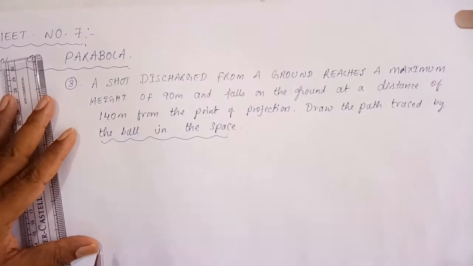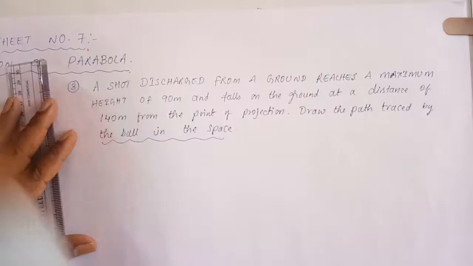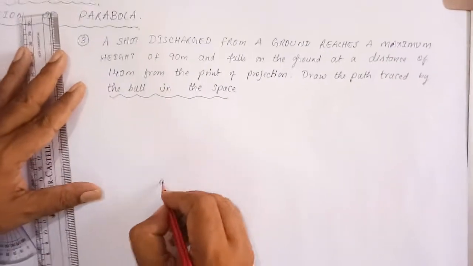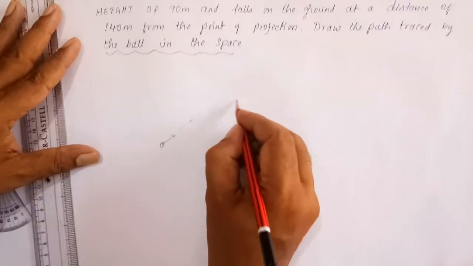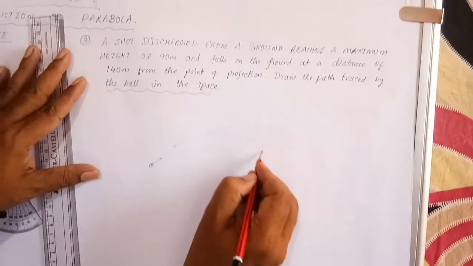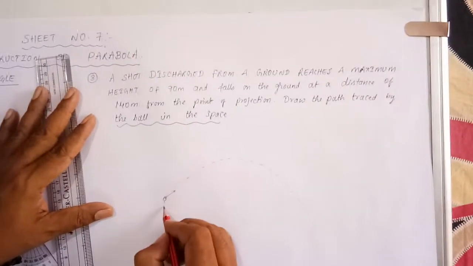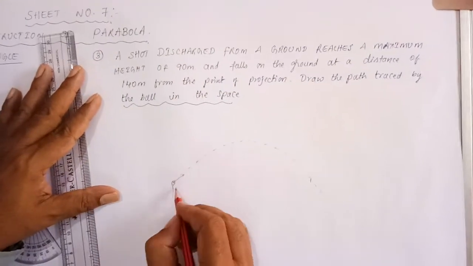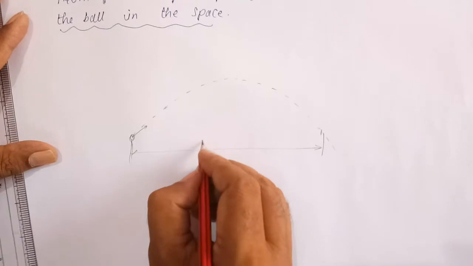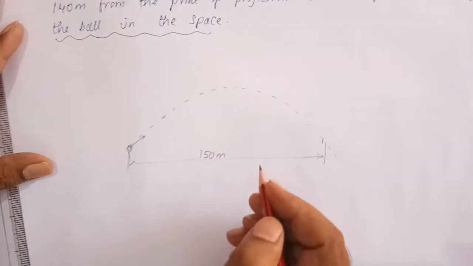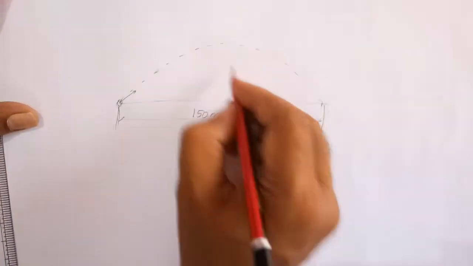So the path you have to trace. See, when the ball is discharged from the ground, this ball is going to travel like this, right? So how much is the horizontal distance it has traveled? The horizontal distance it has traveled is 150 meter. And what is the maximum height it has traveled?